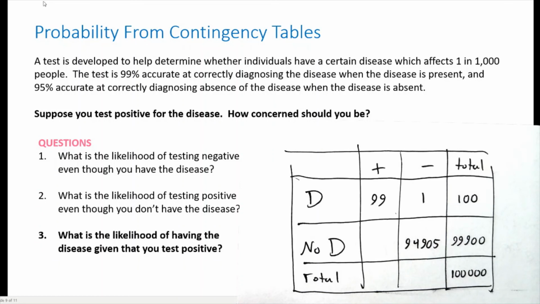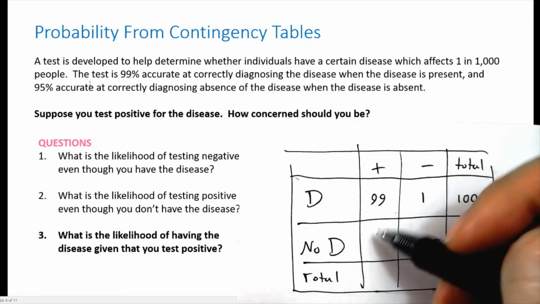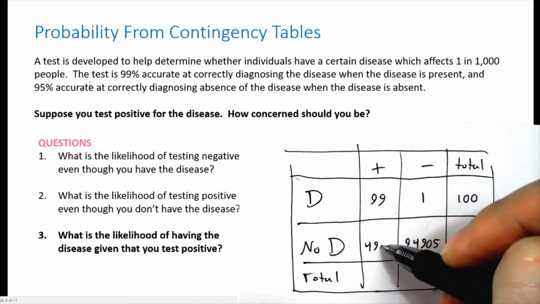That's how many people who don't have the disease will correctly test negative. How many people fit here? Well, I can either subtract these numbers or I can compute the remaining 5% of this. Either way, I get 4,995.